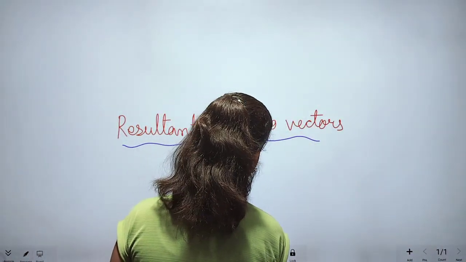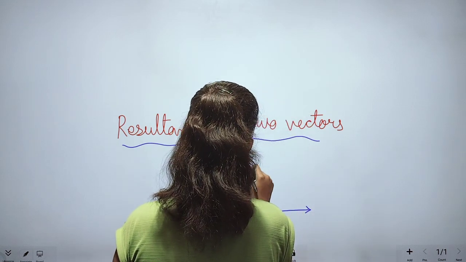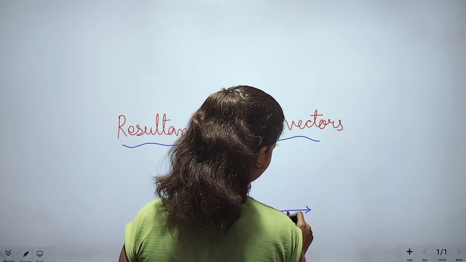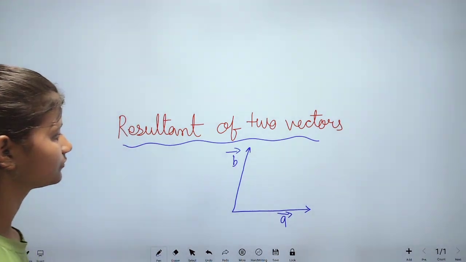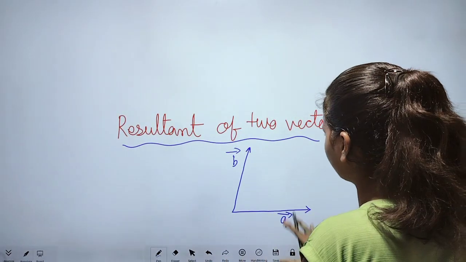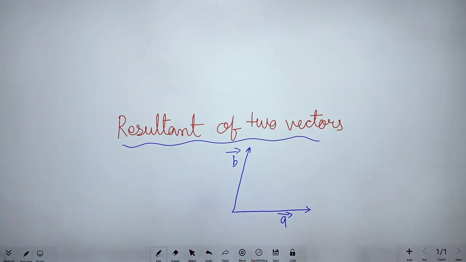First we draw the vectors. This one is A vector and this one is B vector. And we have to find the resultant, so we have to shift parallel any vector.